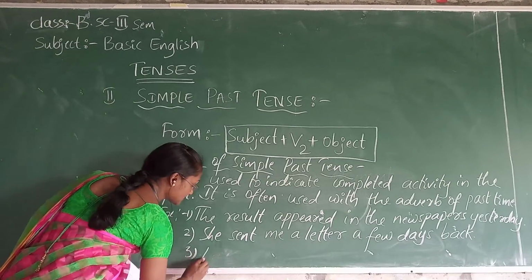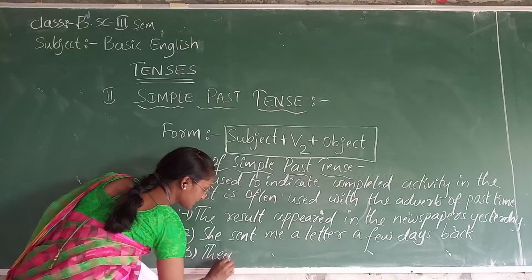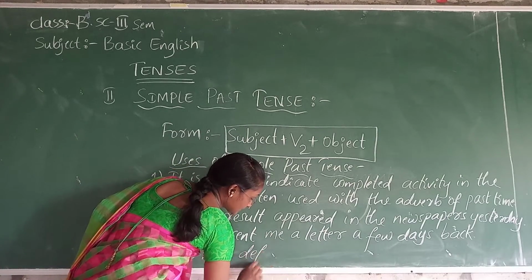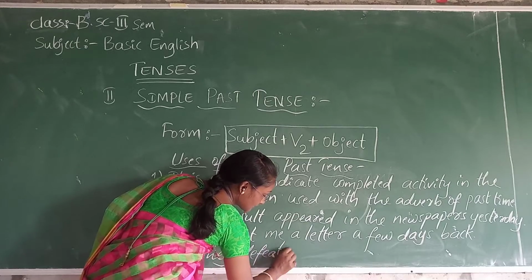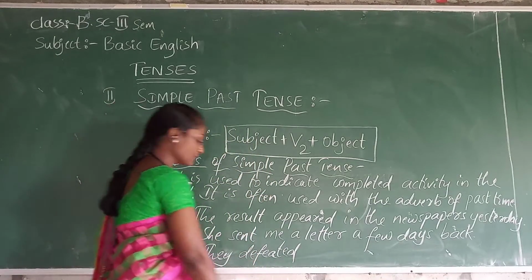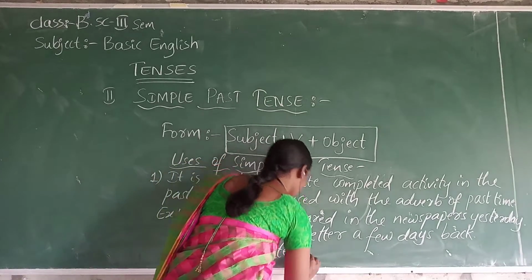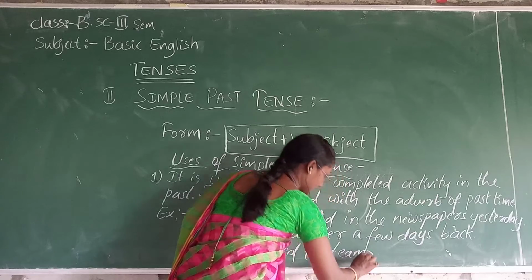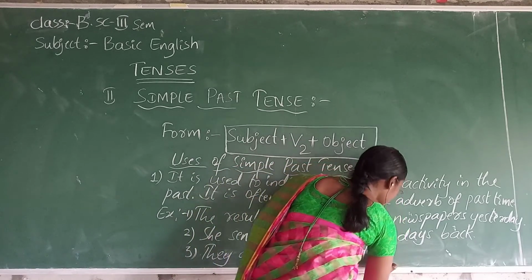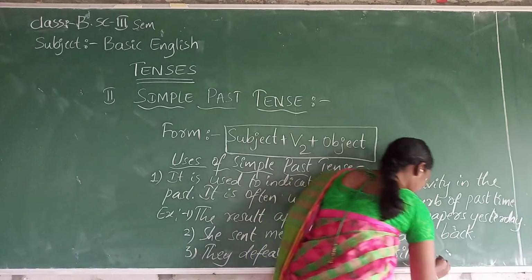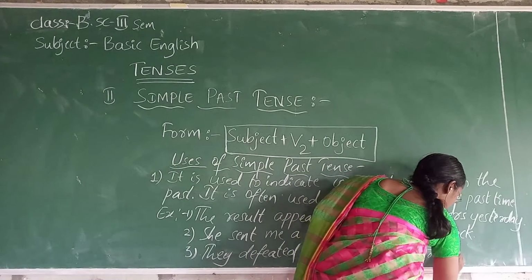Third example is they defeated. Defeat is the V1 form, defeated is the V2 form. They defeated the team easily recently.